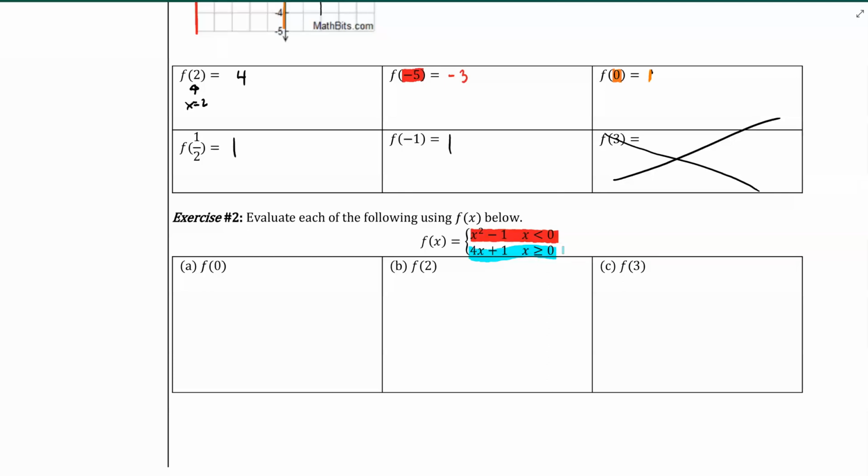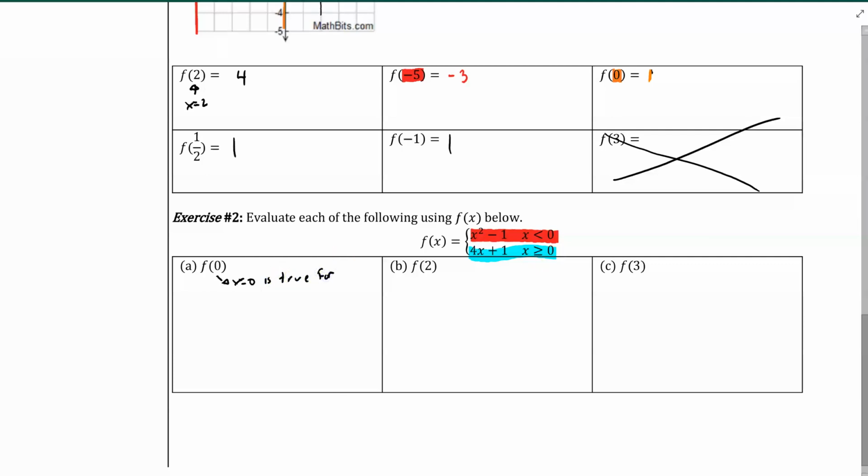We'll use the bottom equation when x is equal to 0 or bigger. So for f of 0, this means that x is equal to 0. So is this going to be true for the top equation or for the bottom equation? Well, it's going to be true for the bottom equation because it's equal to 0, and that's what we have for the bottom equation.